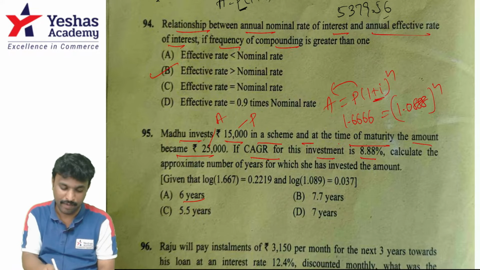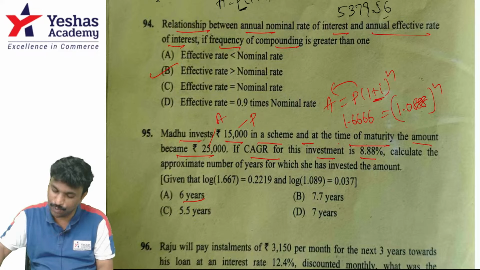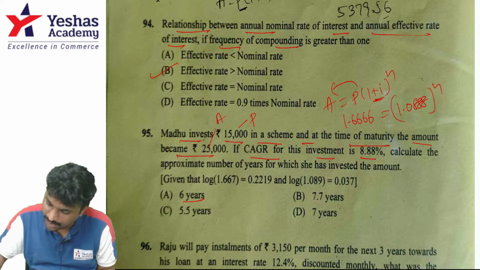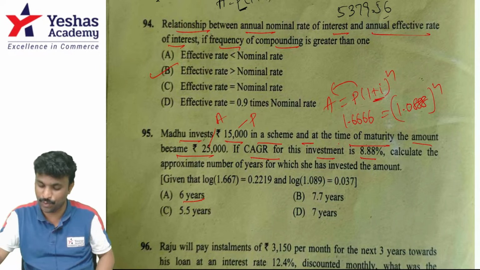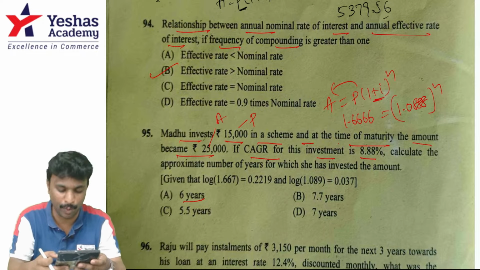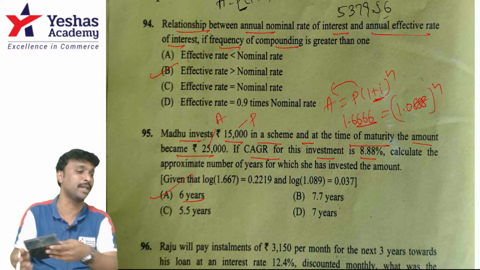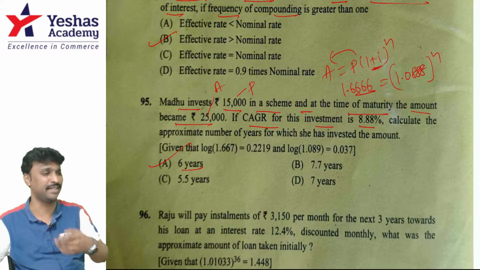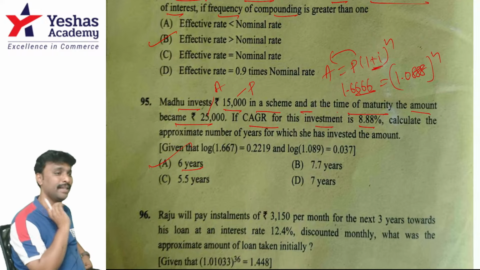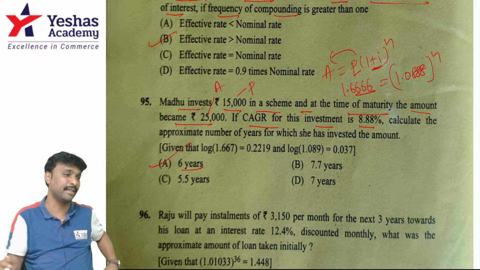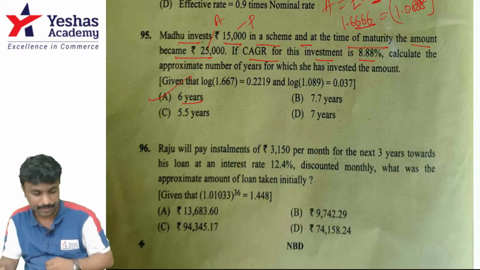So first hit the first option, 1.0888, press into equal to how many times? 5 times. 1, 2, 3, 4, 5. So that fetches me 1.6666 only. That means option A is the right answer. For CAGR, you can use the amount formula only. The smaller thing is taken as P, the bigger thing is taken as A.